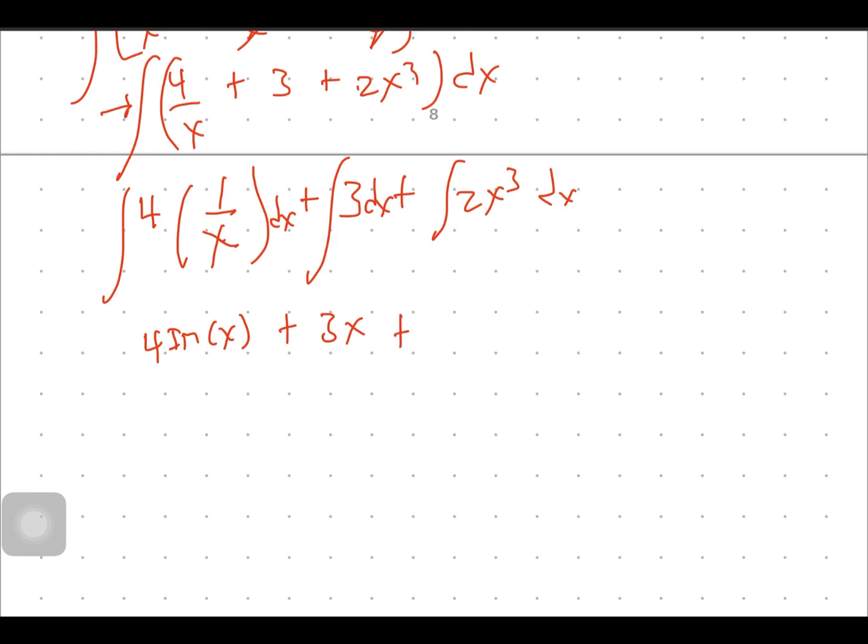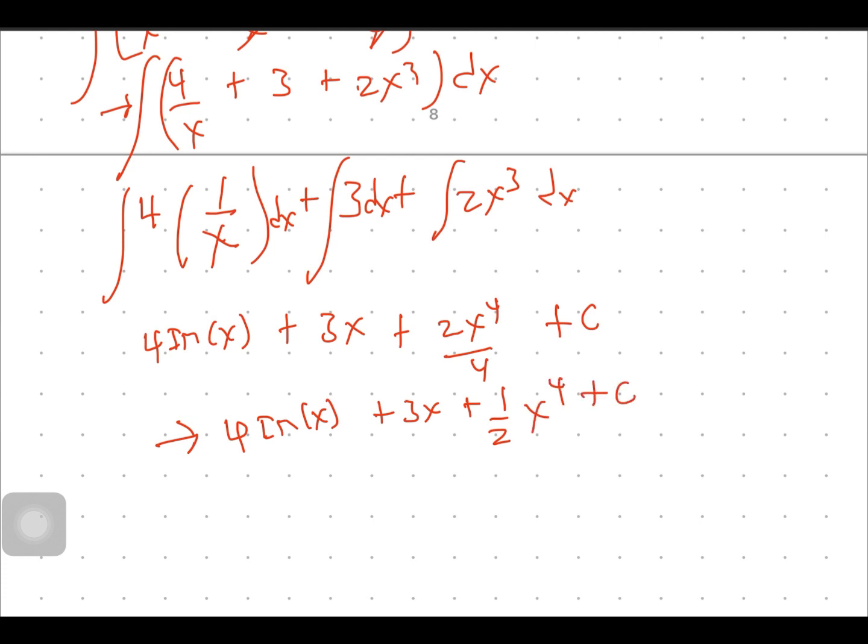And then plus the integral of 2x power 3, which is going to give us 2x power 4 over 4. And don't forget your c, of which the final answer is 4 ln x plus 3x plus 1 over 2 x power 4 plus c.